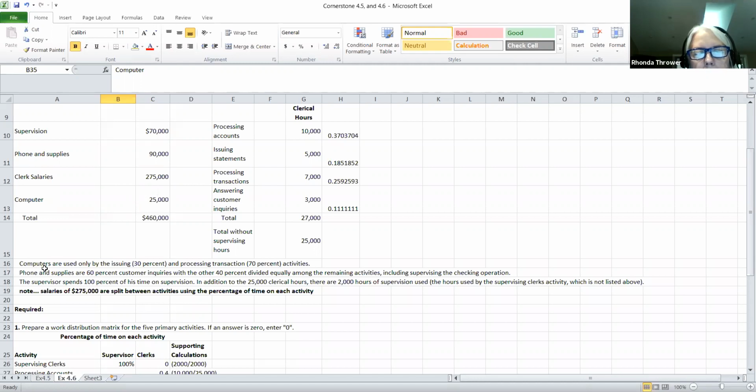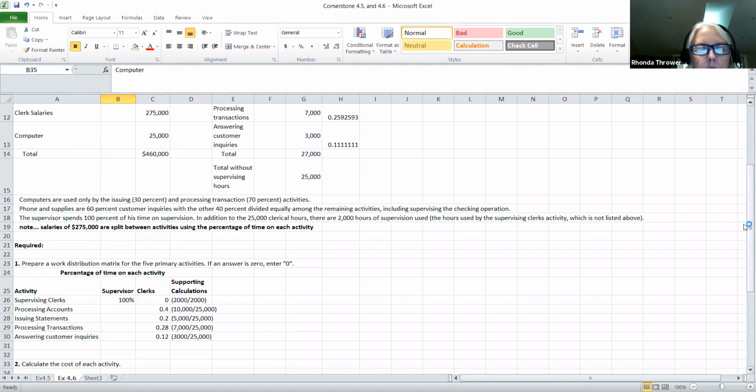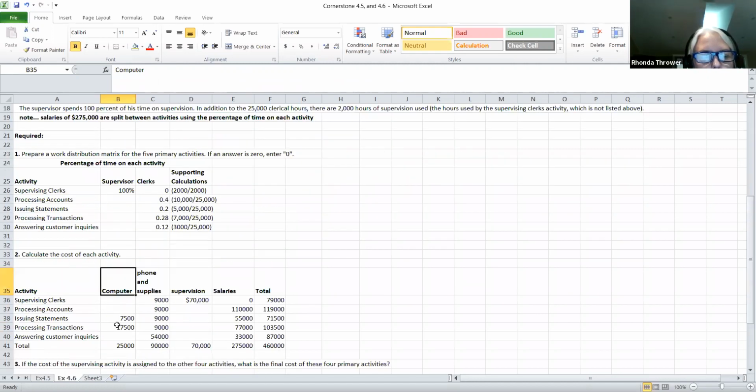And because of the additional information, it said that 30% of this $25,000 is going to go to issuing statements. So 30% of $25,000 is the part of the cost of the computer that will go toward the issuing statements activity.